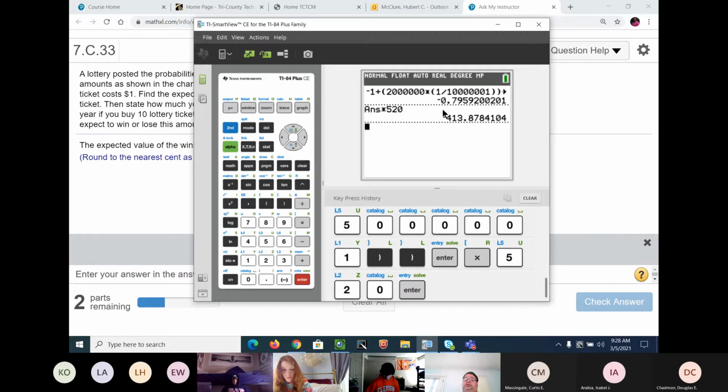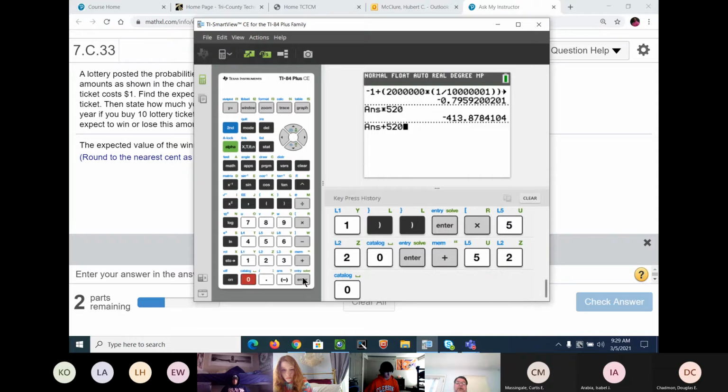And this tells you that if you spend $520 on lottery tickets, you're only going to win maybe $73, or let's say $77 or $87. You're not going to win very much money. Let's add 520 to that and see what we get. So in a year's time, you might win $106. You might.